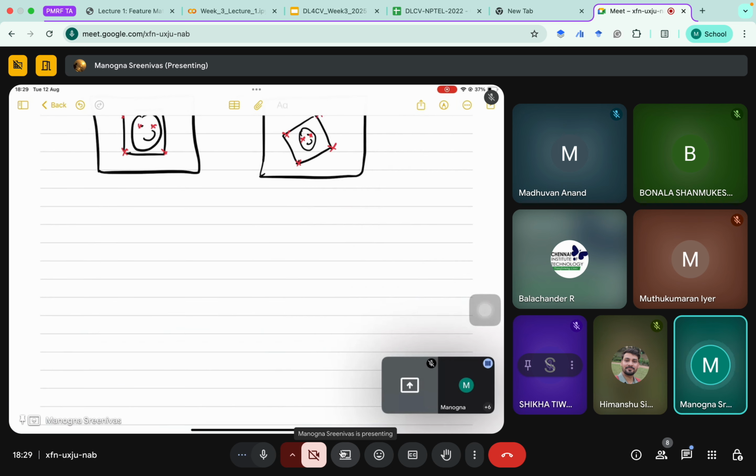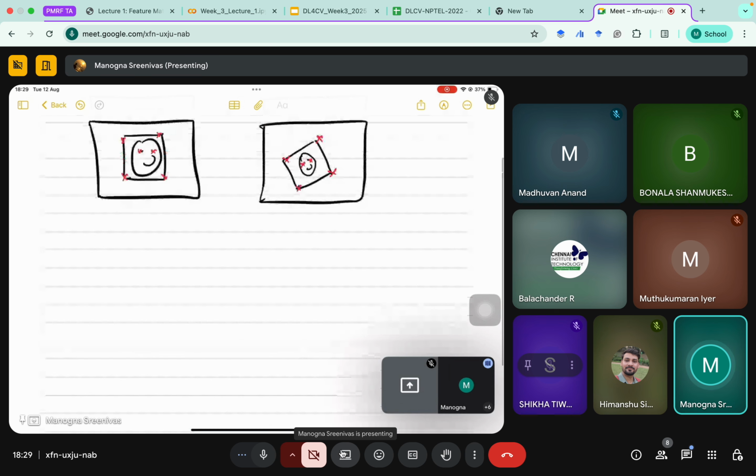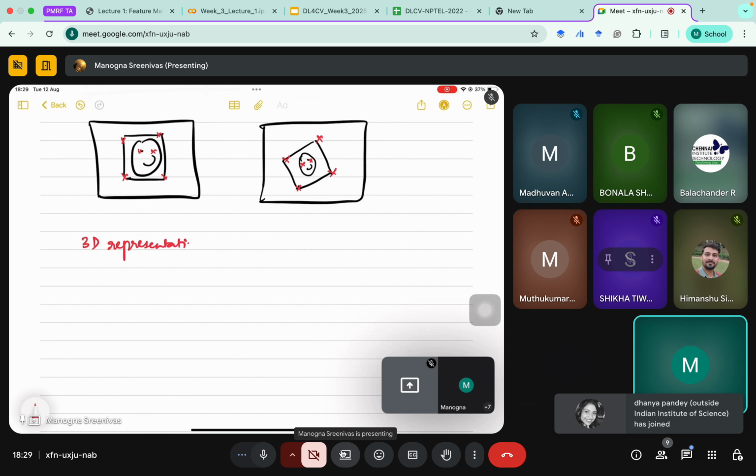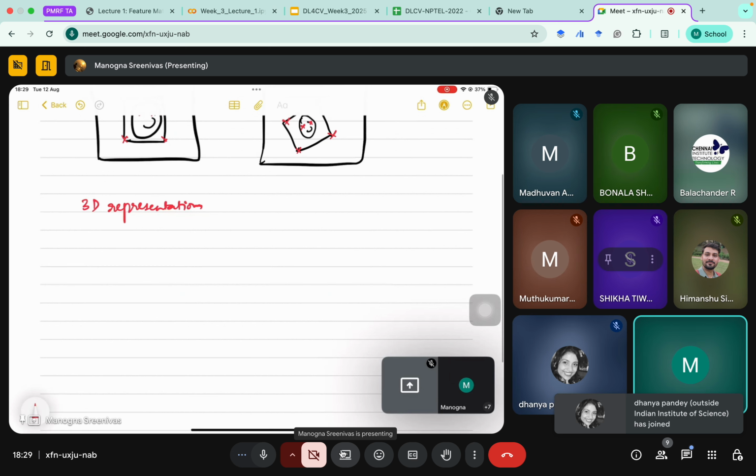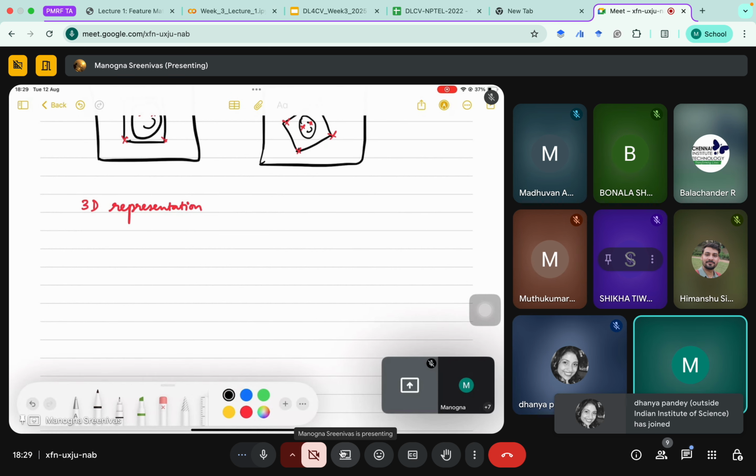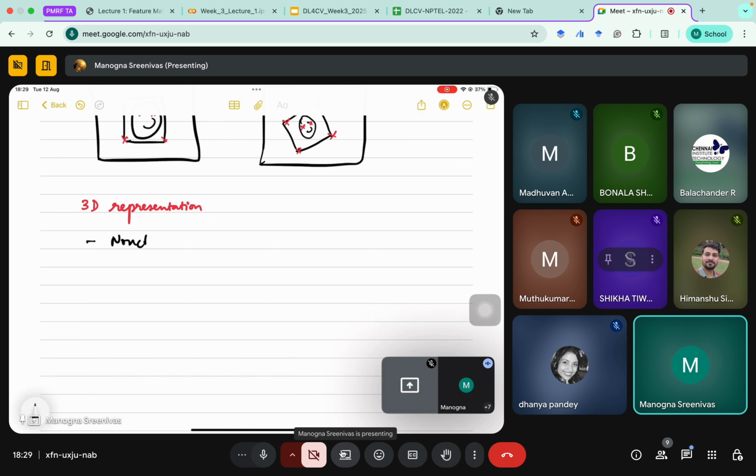It would be used extensively in 3D representations, like novel view synthesis.